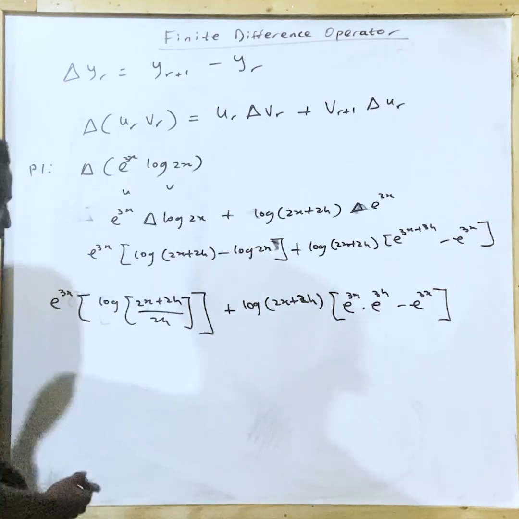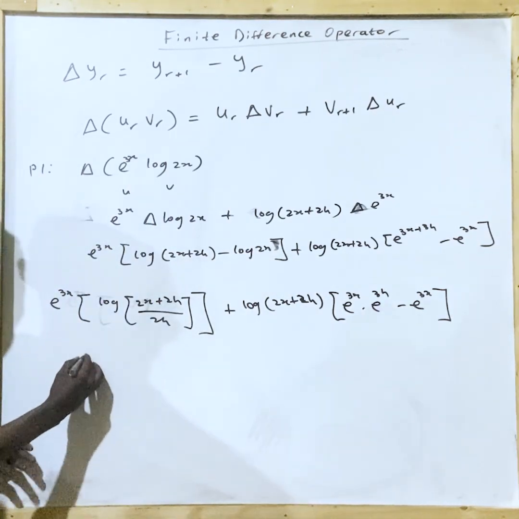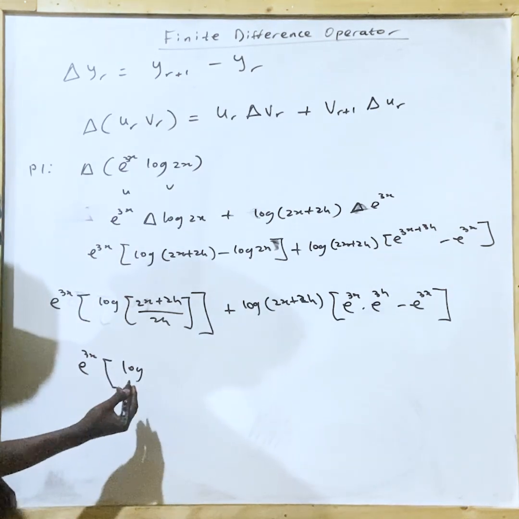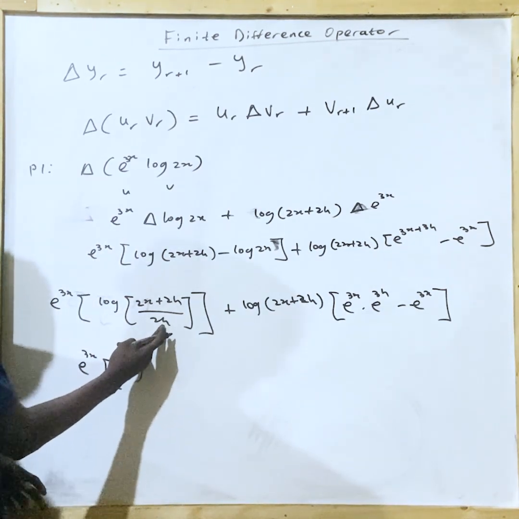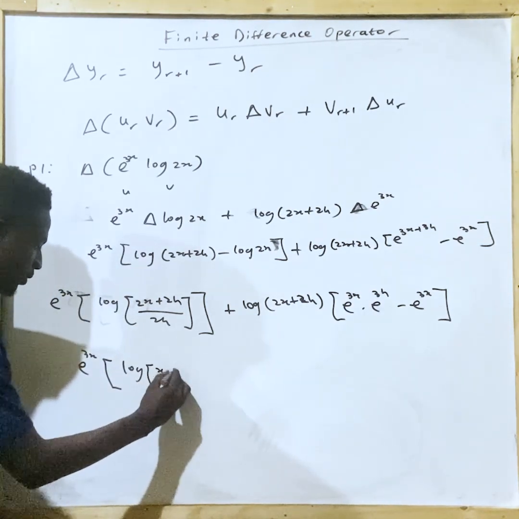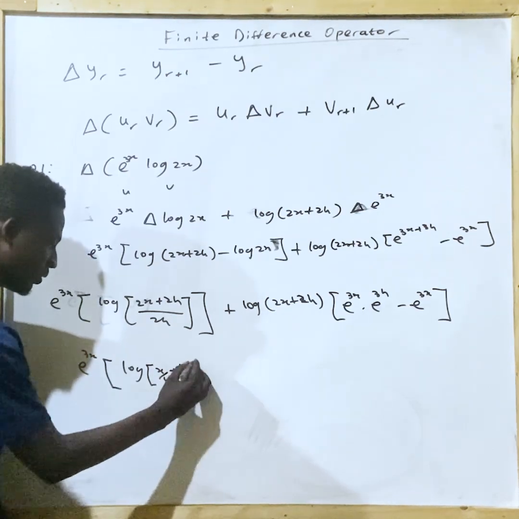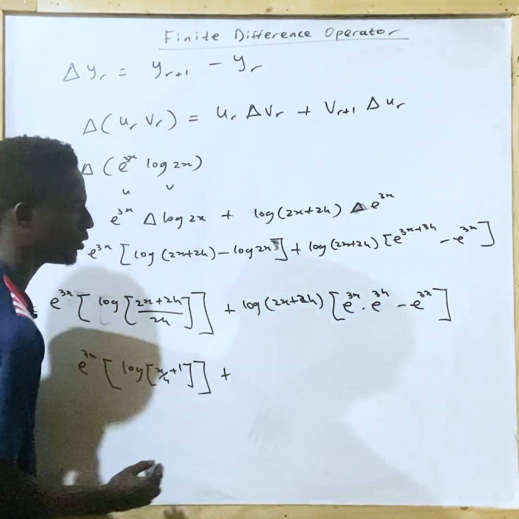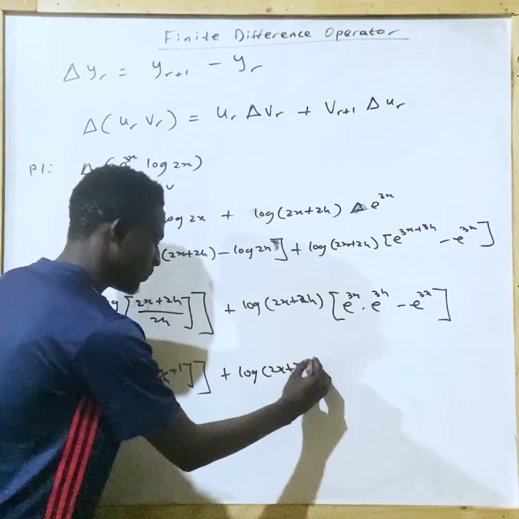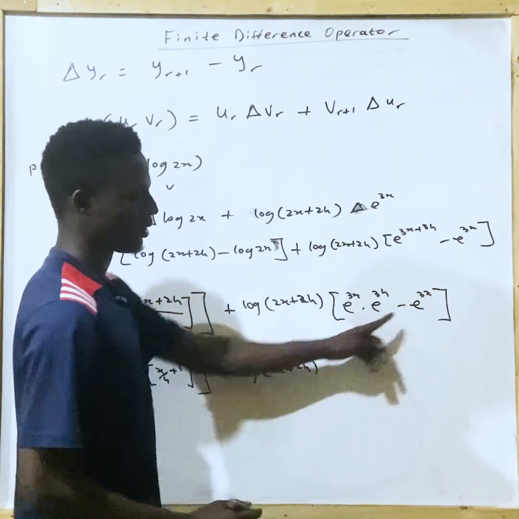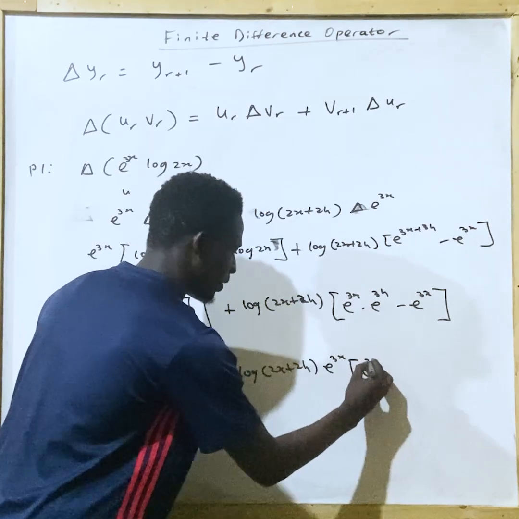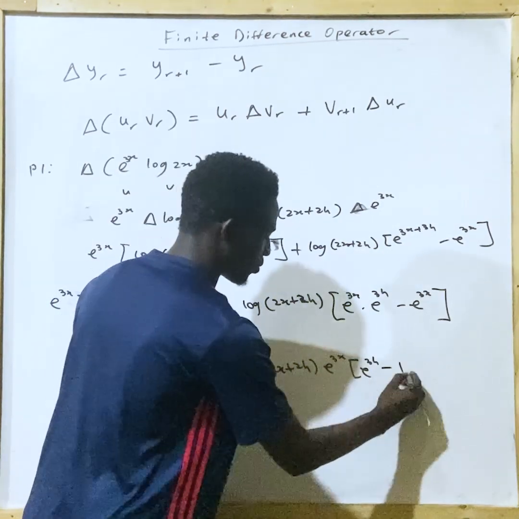You can split this fraction for the both of them, so you'll have something like log x over h plus 1, plus log 2x plus 2h. Then e raised power 3x is common, so you can factorize e raised power 3x, and you'd have e raised power 3h minus 1.